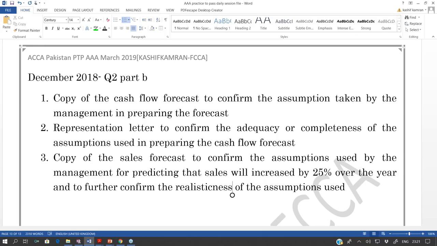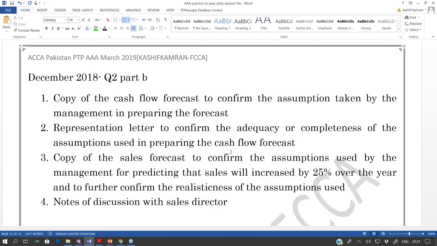And was it given in the case study that the sales are expected to increase by 25%? So should I have some evidence of that in my file about the sales forecast? Okay, I can also have notes of discussions with management or with the sales director.